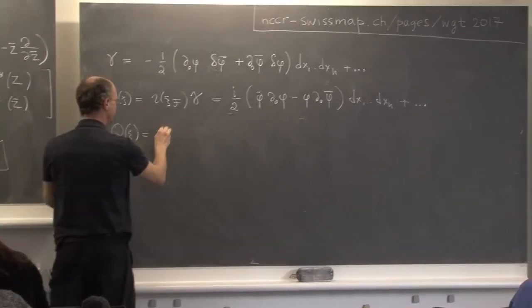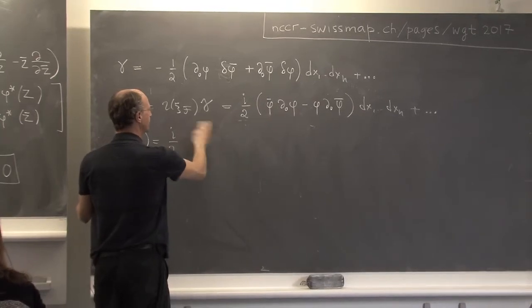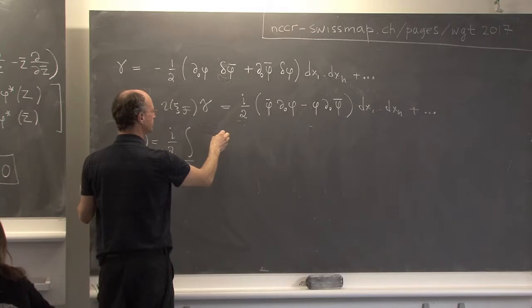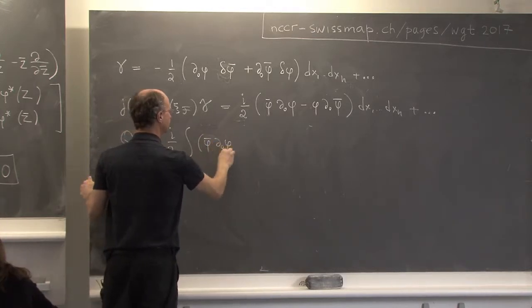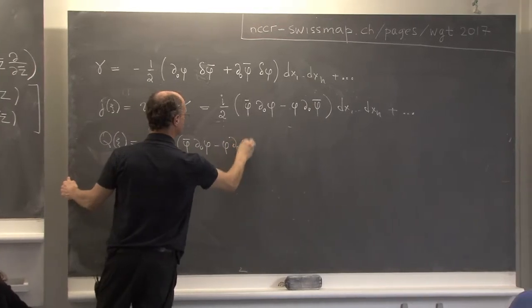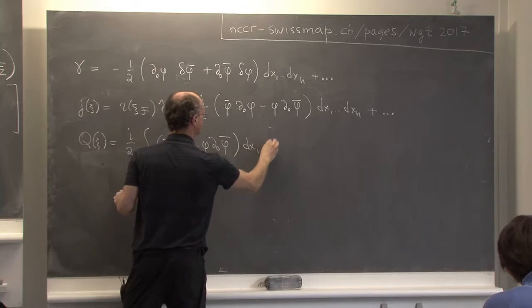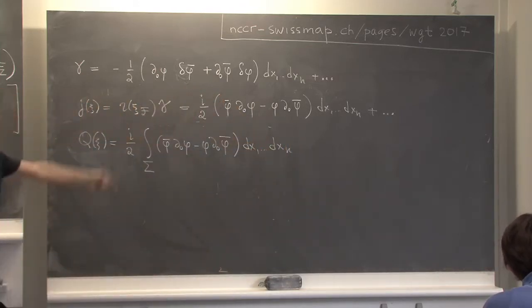And now the charge is I over 2 integral over sigma of phi bar d0 phi minus phi d0 phi bar, dx1 dxn. Again, all the other terms disappear.